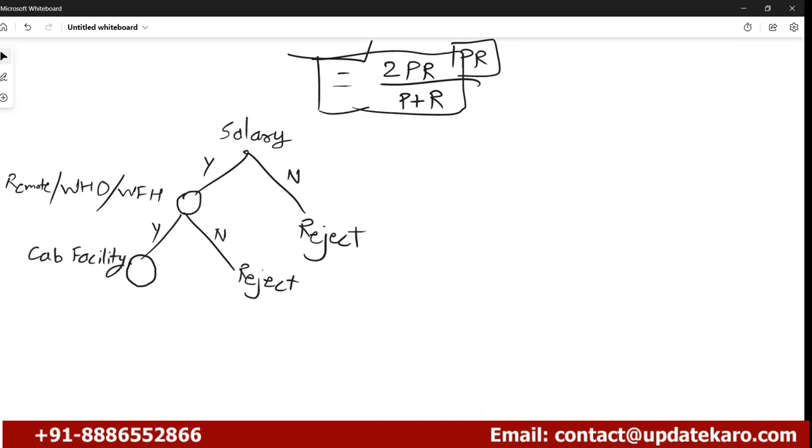If the company is near me, and let's say I don't want to go with work from home or a remote location, then if the work is from office, I'll check whether they are providing a cab facility. If yes, I can accept it, or otherwise reject it. So here you will see the outcome: accept the offer, or simply reject.